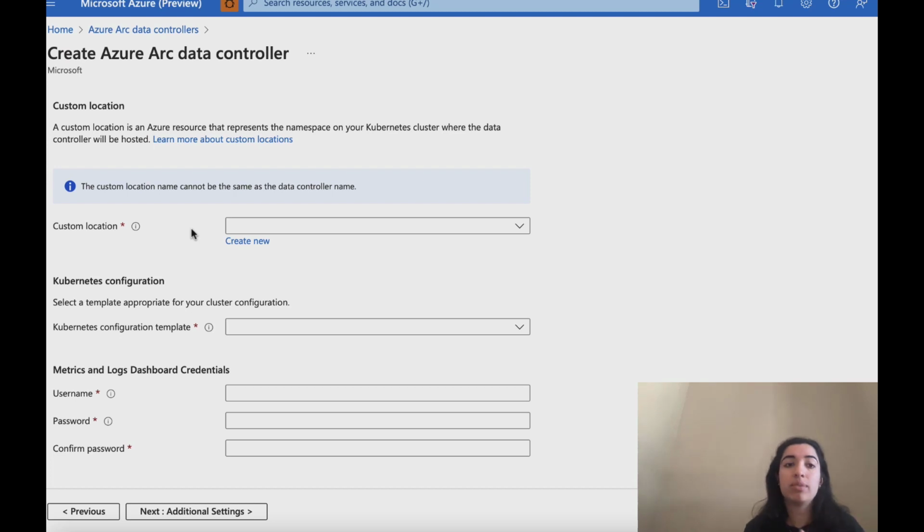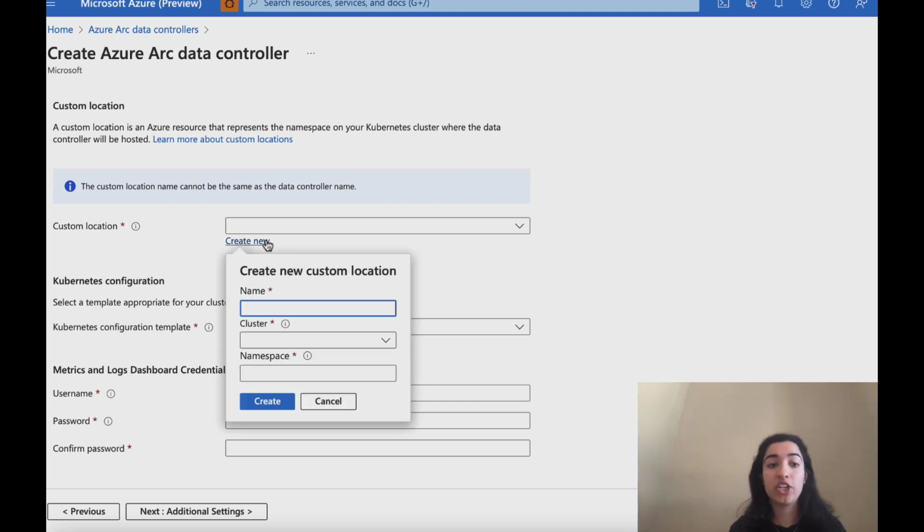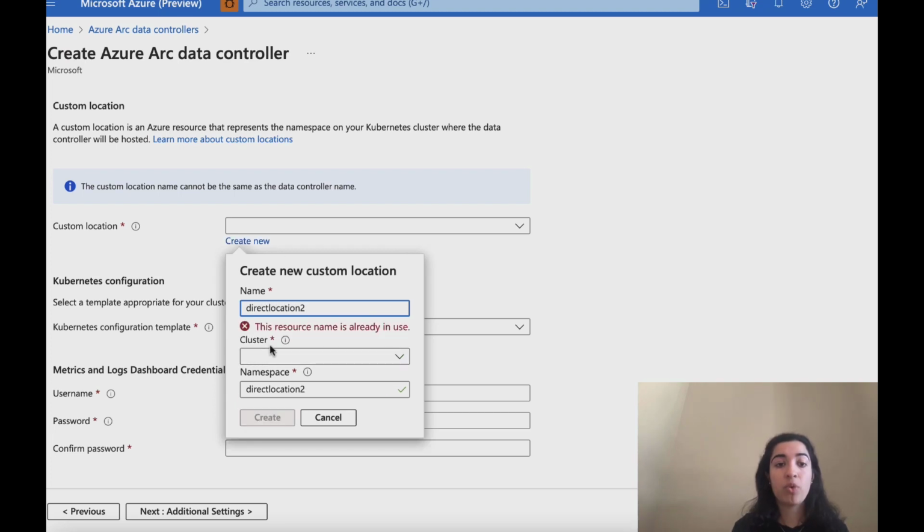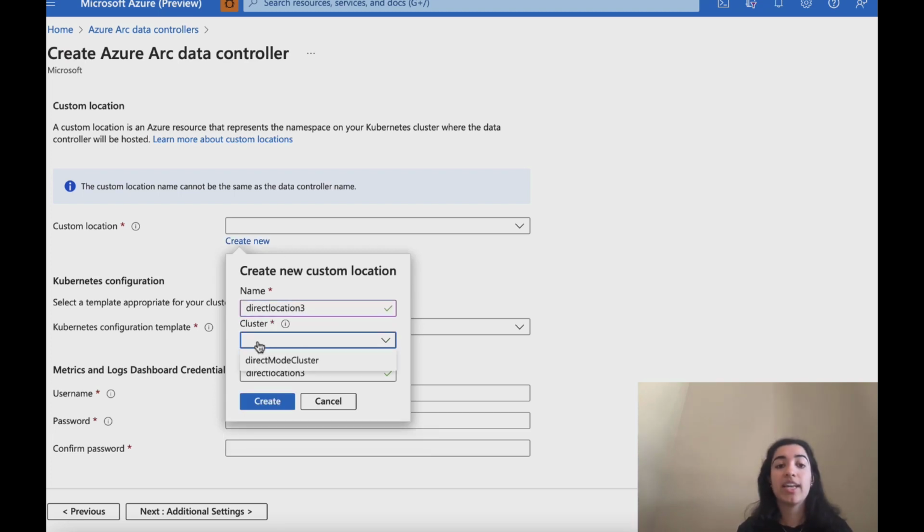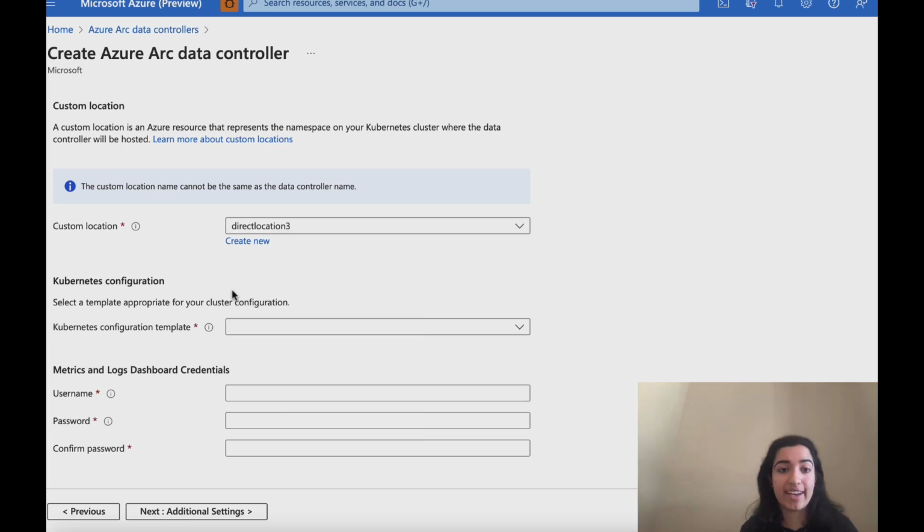Custom location, again, is equivalent to a Kubernetes namespace. We can create a new one and call it direct location. You want to connect that with a cluster, so I'm going to connect this with the AKS cluster that I had pre-configured, and you can go ahead and create that.